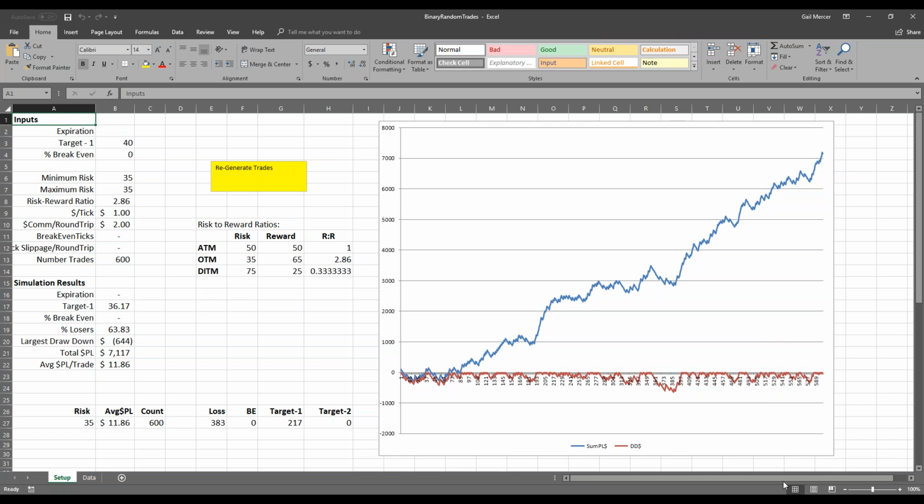If you look at the bottom under the loss column, you see there's 383 losses and 217 profitable trades. This number right here for a new trader is hard to sustain because you begin to doubt your strategy. You begin to doubt your trade entry mechanism.